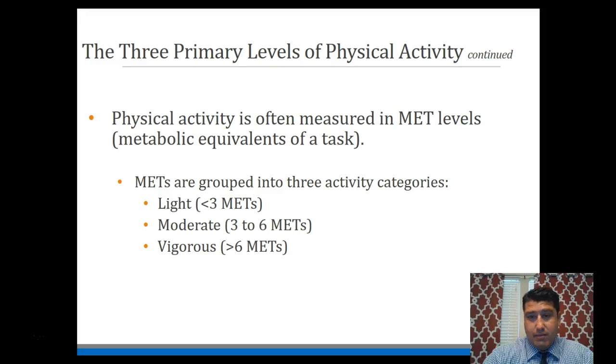So your basal metabolic rate is your heart rate, your body temperature, your blood pressure, your blood sugar, and your breathing rate. Those are at one MET. At one MET, that's the least that your body requires in order to keep you alive at rest.